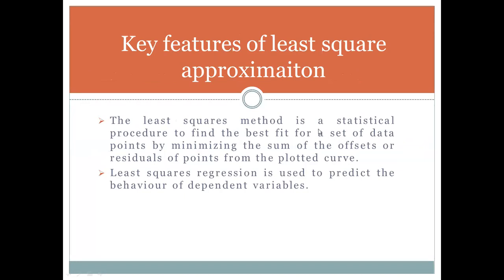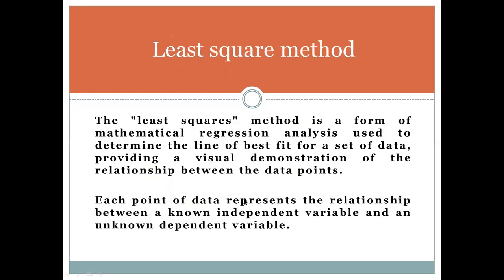The least square approximation method is a statistical procedure to find the best fit for a set of data points by minimizing the sum of the offsets or residuals of points from the plotted curve. Least square regression is used to predict the behavior of dependent variables.